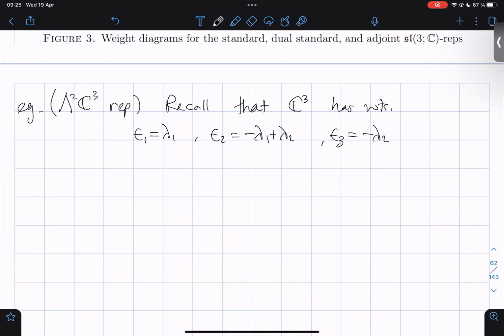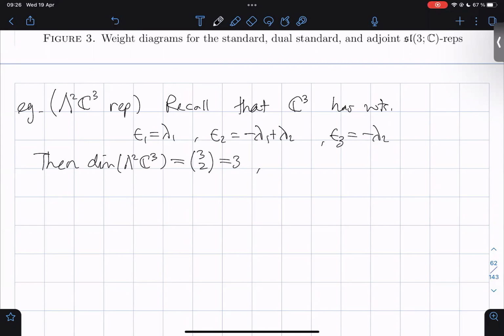Okay, so if I'm taking the wedge 2, I am taking skew-symmetric tensor products here. And so the dimension will be 3 choose 2, which is also 3 in this case. The weights, when you take tensor products, how do the weights for the factors give new weights?